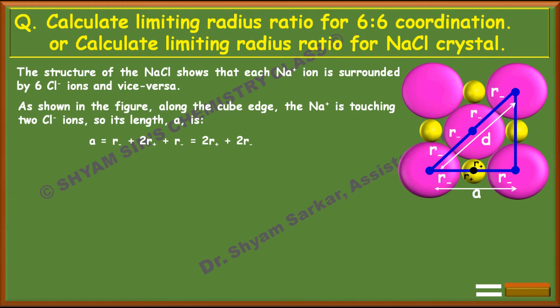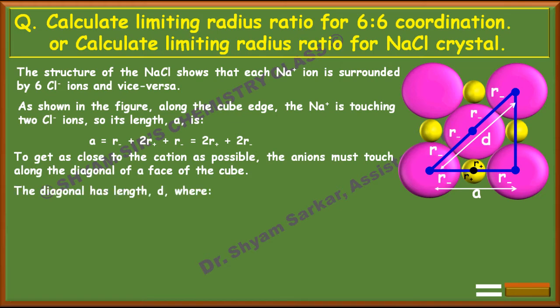Okay, now a similar expression as the previous one: to get the cation as close as possible, the anion must touch along the diagonal of a face of the cube. So if you see this, this diagonal has a length d, where d equal to r plus 2r minus plus r plus equal to 4r minus in this case.